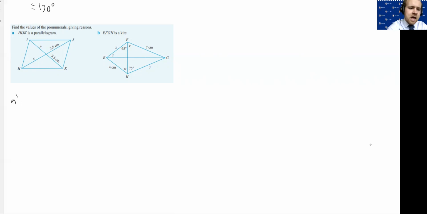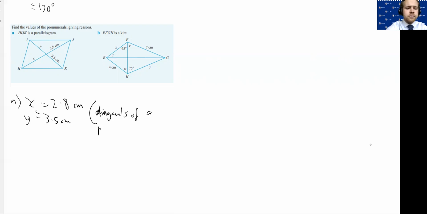So that means x is going to be 2.8 centimeters and y is going to be 3.5 centimeters. And then my reason is diagonals of a parallelogram bisect each other.